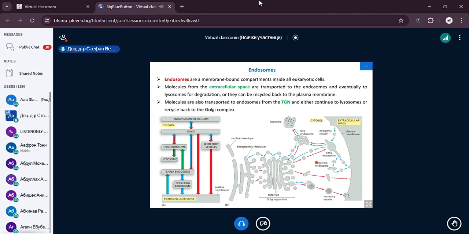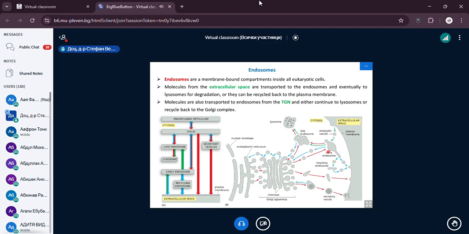And endosomes are the first to receive these proteins, lipids, and components which the cell produces or which the cell takes from outside. And we have early and late endosomes. Early endosomes are the initial structure which has been formed, and then it matures and changes into a late endosome.